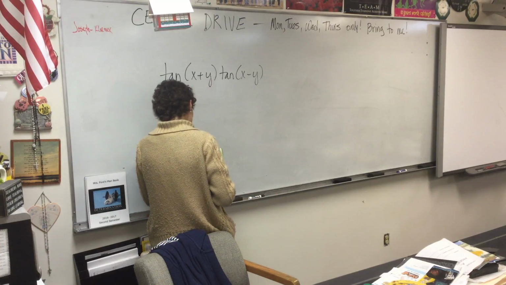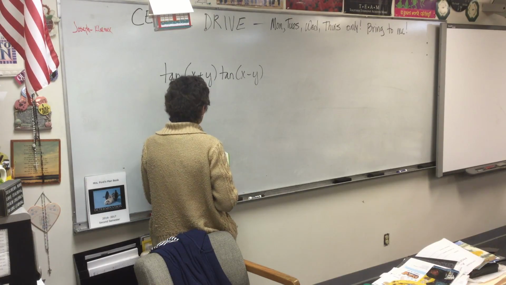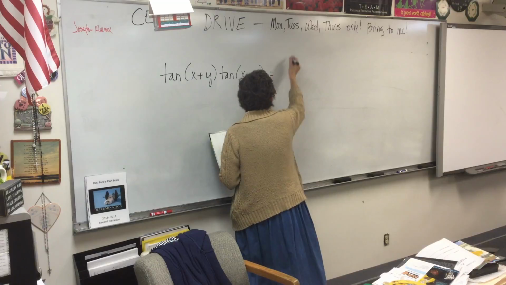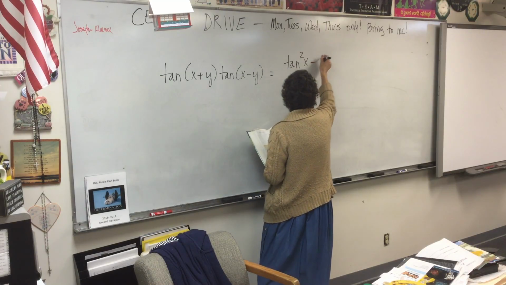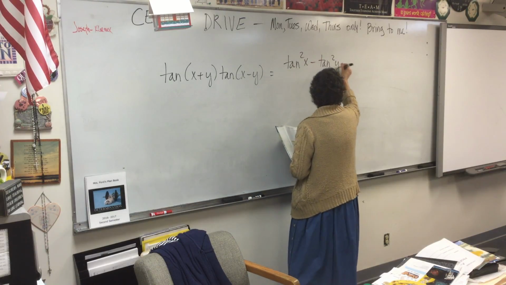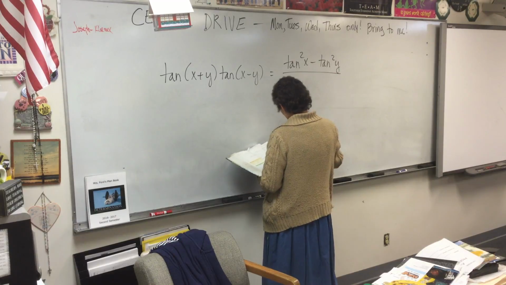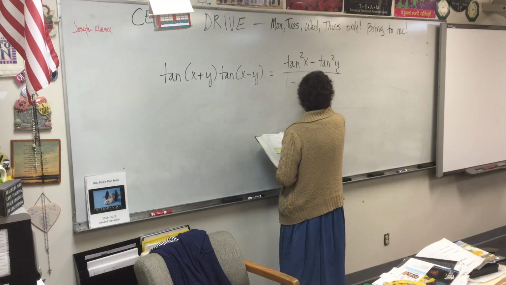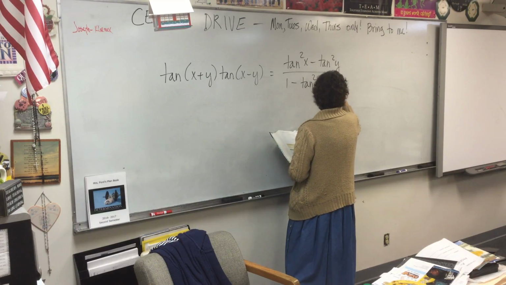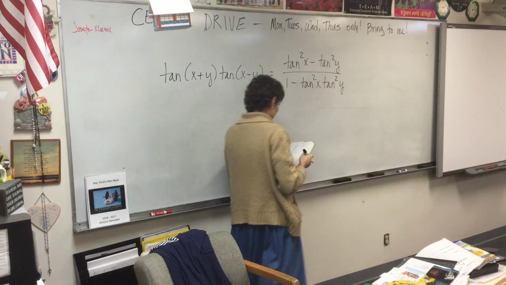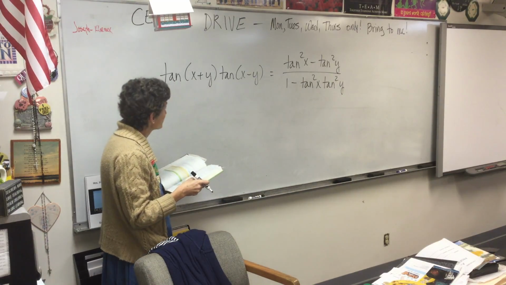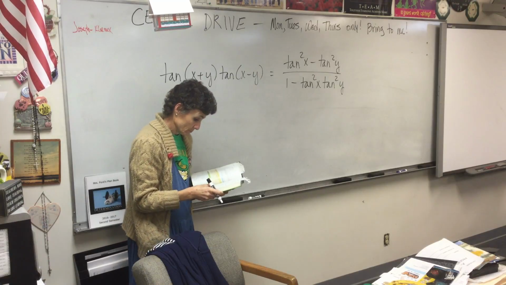So I got tan of x plus y times tan of x minus y equals. You do the left and the right side.